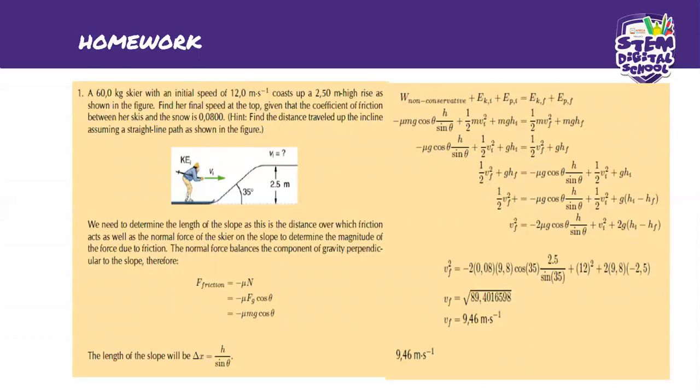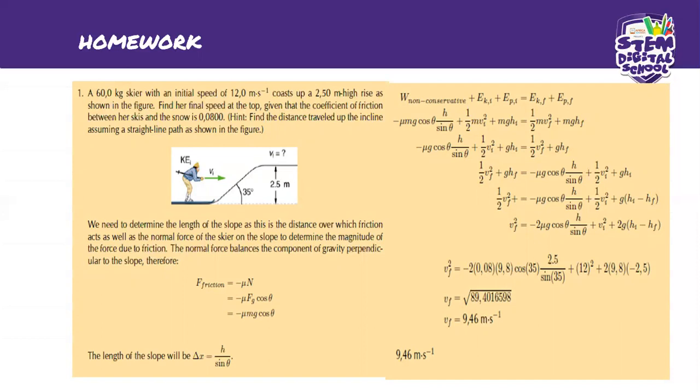Find her final speed at the top, given that the coefficient of friction between the skis and the snow is 0.8. Also find the distance traveled up the incline, assuming a straight line path as shown in the figure.